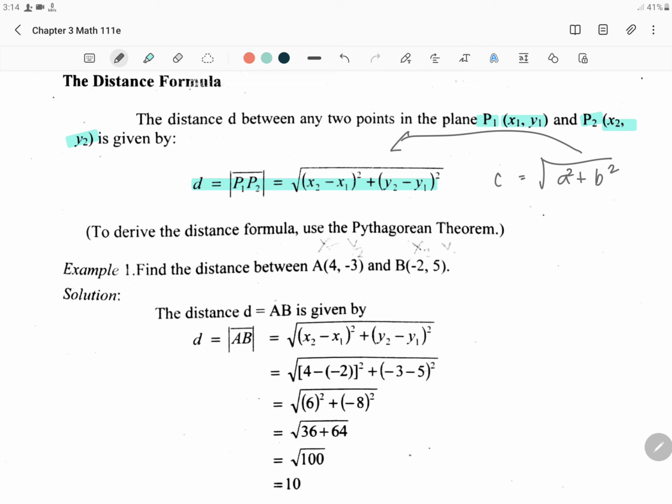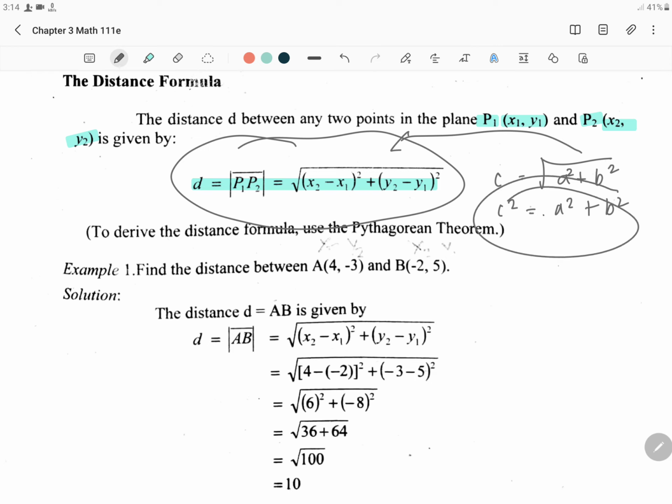C is equal to the square root of a squared plus b squared, or c squared is equal to a squared plus b squared. Okay? If you want to derive the distance formula, kung gusto daw natin i-derive yan, we can use the Pythagorean theorem. Ito mismo. Okay?